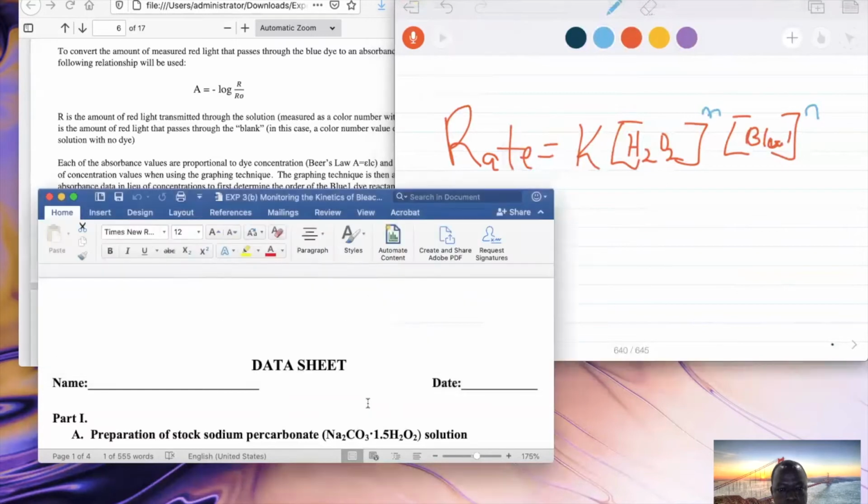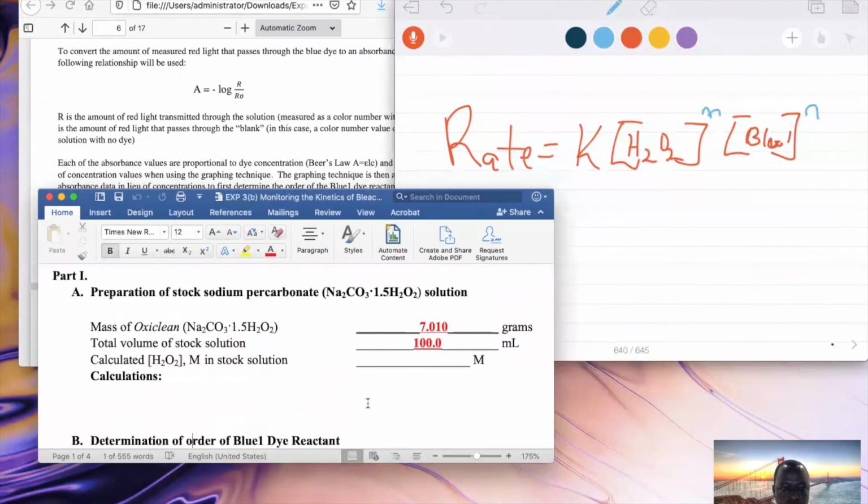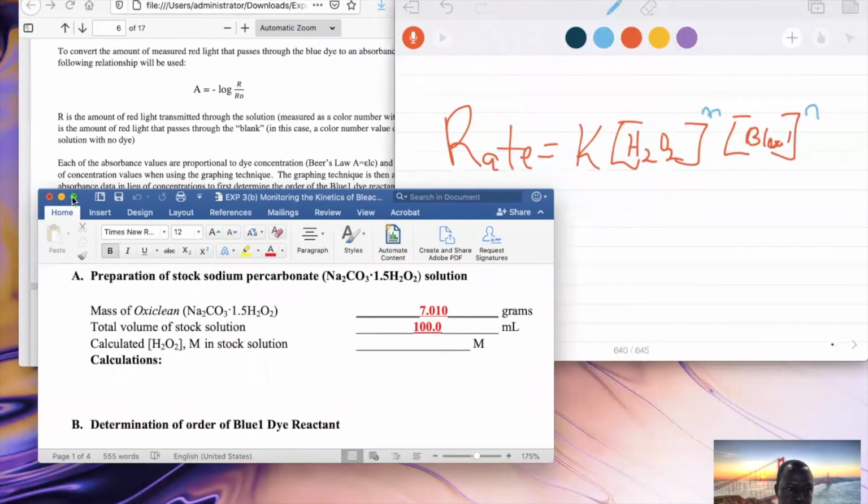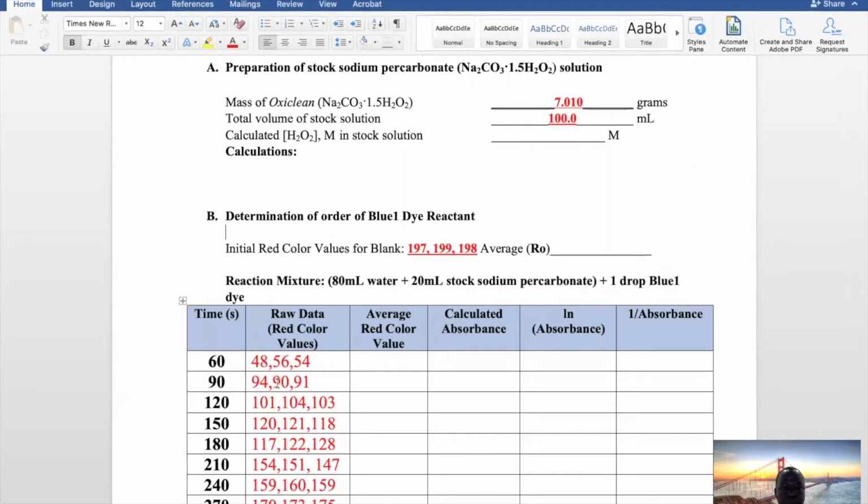So what happened here is, based on the direction given in the handout, these are the values captured by the color detector when I collected 3 times. These are the values collected for the blank: 197, 199, 198. You need to find the average.